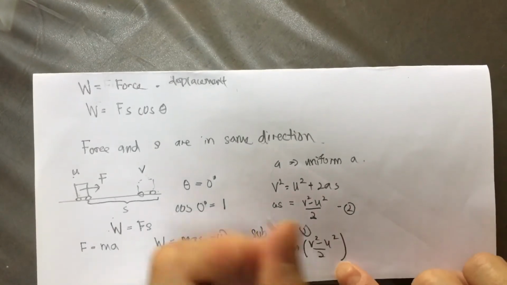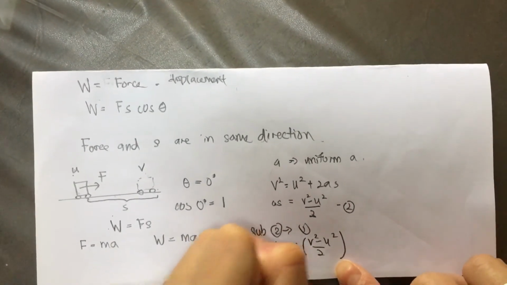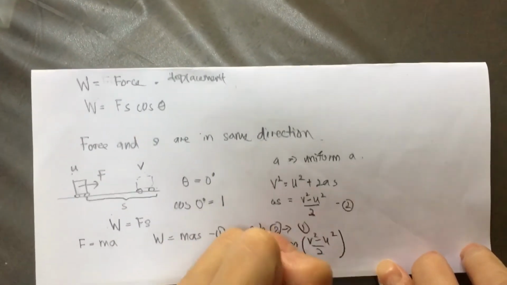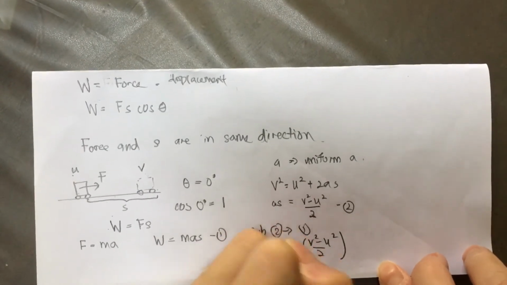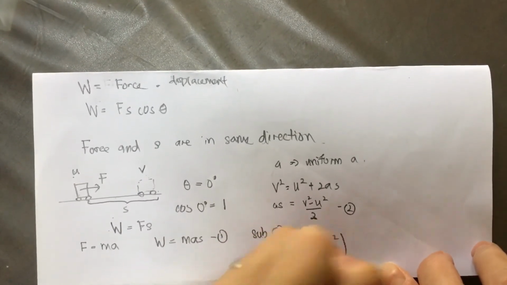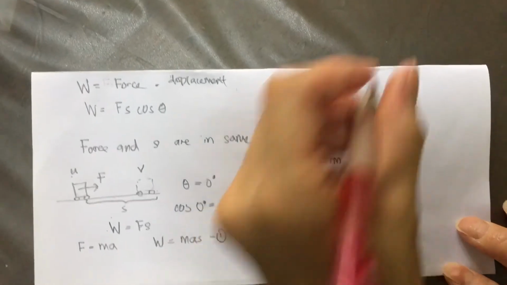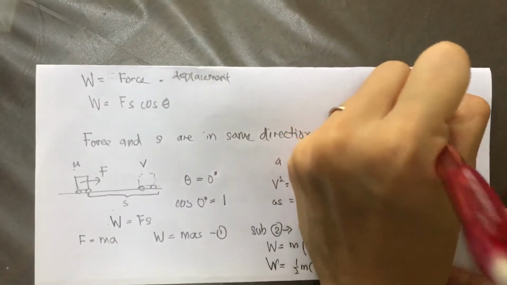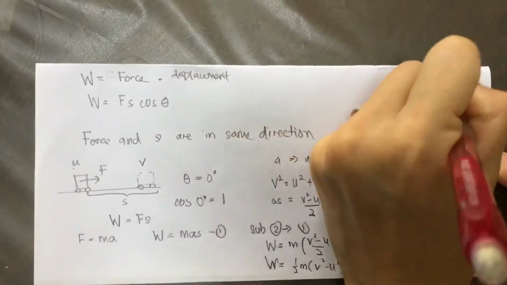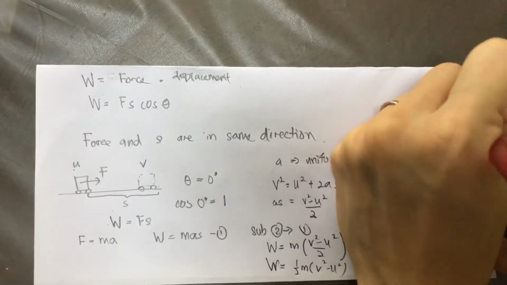So in other words, your work done will be equal to half m (v squared minus u squared), which is actually half mv squared minus half mu squared.